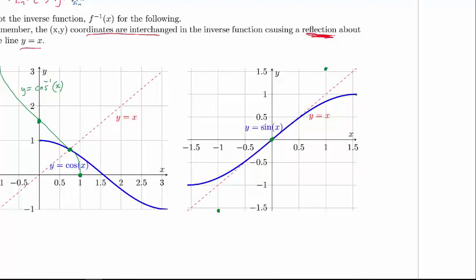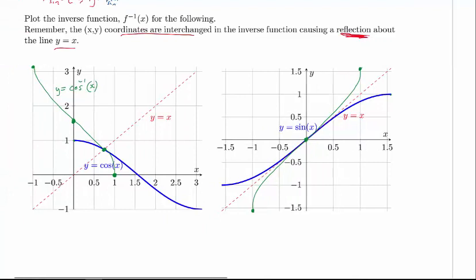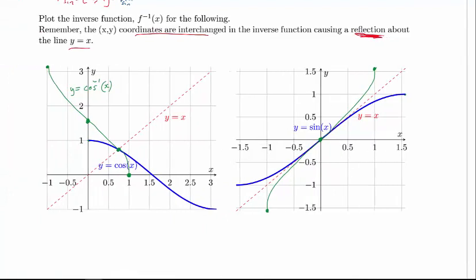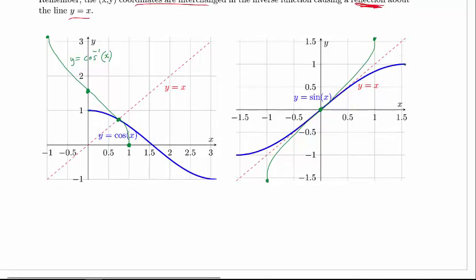And so when we graph it, just try and maintain that reflection there. So we get that. Note that each of these are being reflected about the line y equals x. Please make sure that you are doing this on your own by hand, because that will really help you to learn these graphs better.